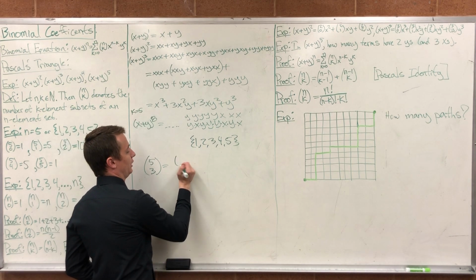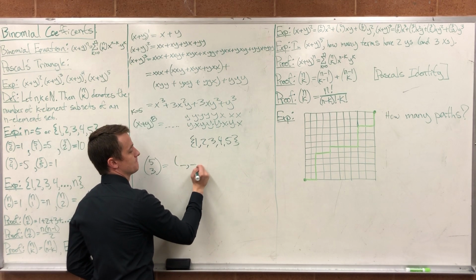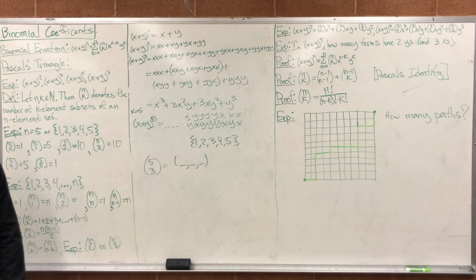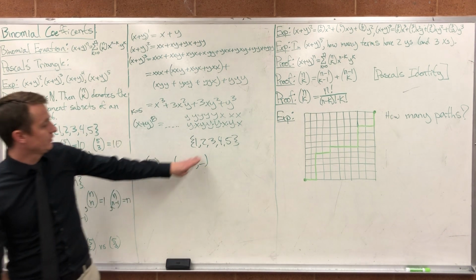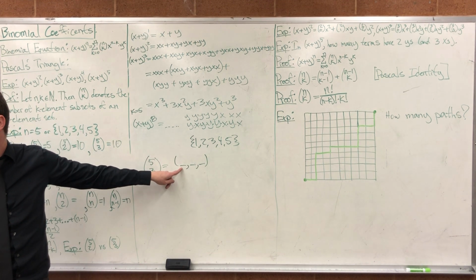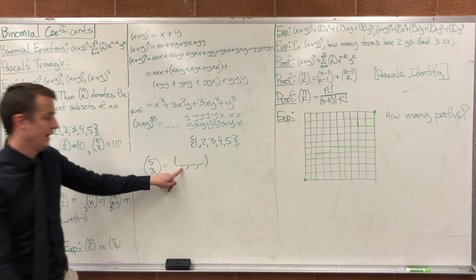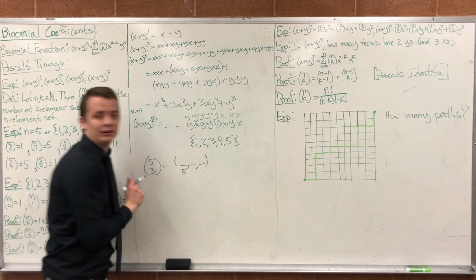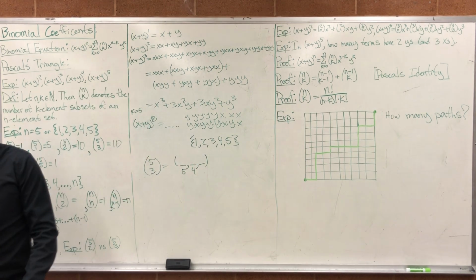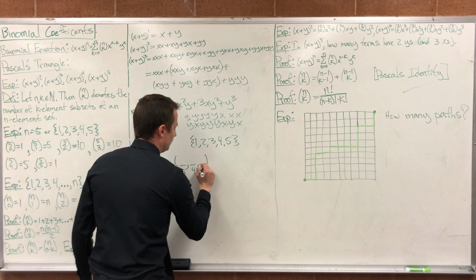So if I made a list of 3 items from the bag, how many ways can I do that? If I made a list of 3 things out of there, how many options do I have for what goes first in the list? 5. How many options do I have for what goes second in the list? 4. And how many options do I have for what goes third in the list? 3.